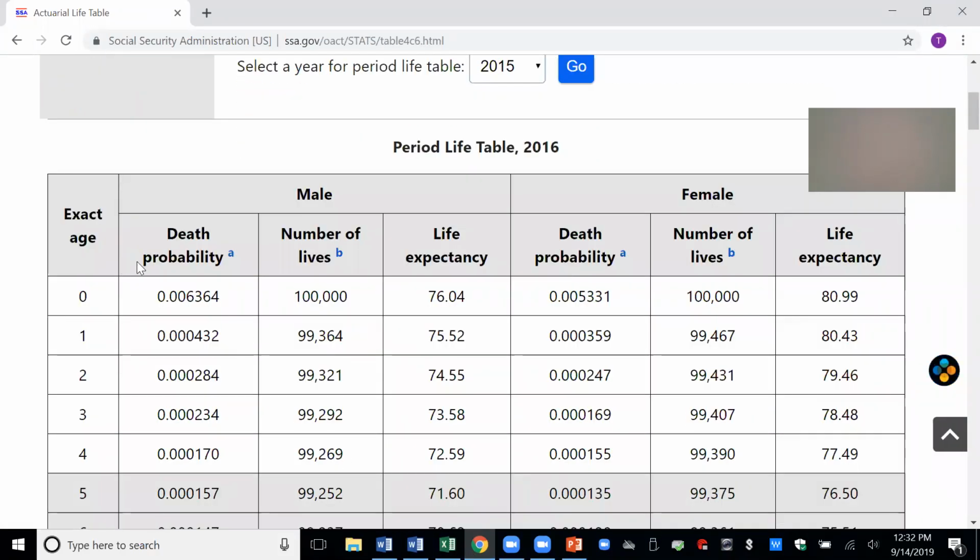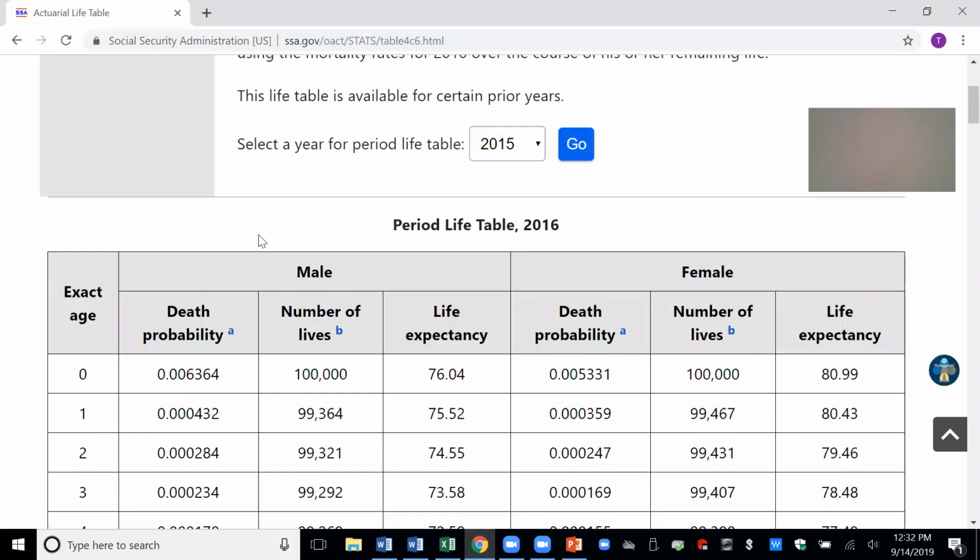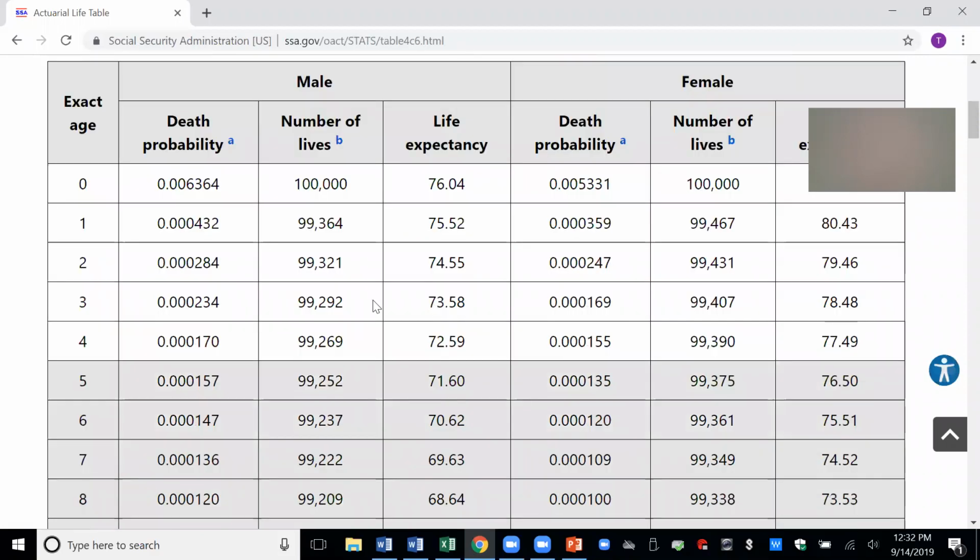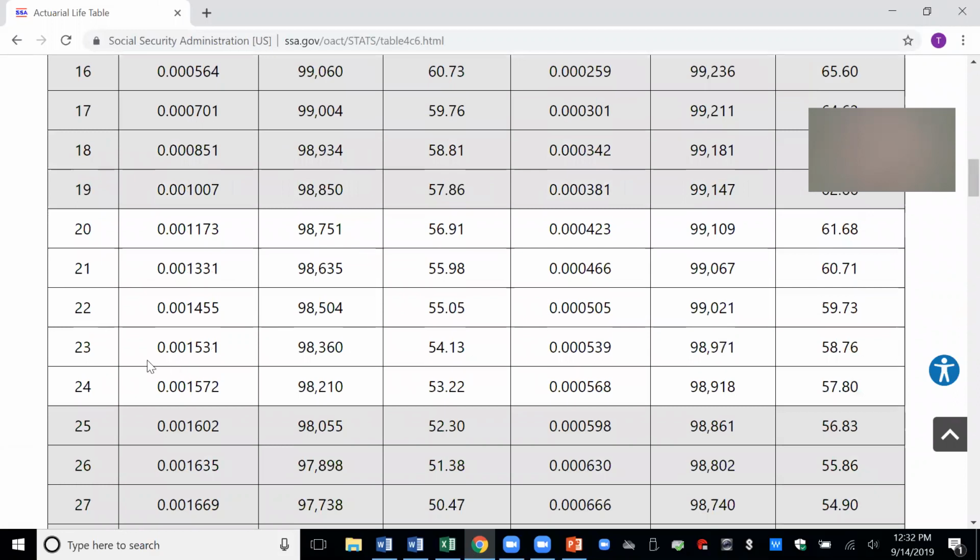The early work in probability theory, the people who really put the statistics on the map, developed these things called life tables that we'll talk about when we get to the second half of the course. So it gives you, if you're male, what's the probability you're going to croak this year and your life expectancy, and if you're female, same thing. Let's see, most of you are 23, 24, 25, say. If you're male, what's your chance of croaking this year?